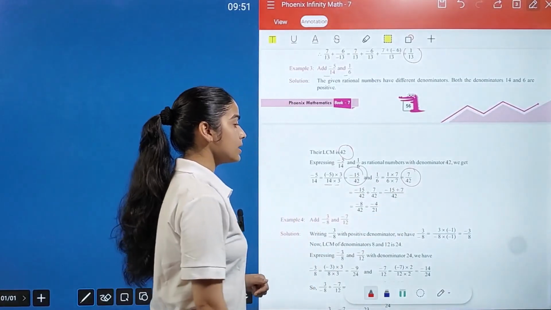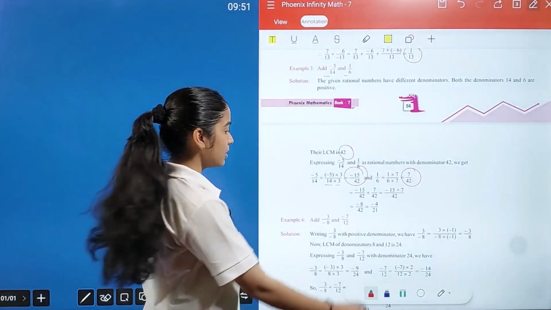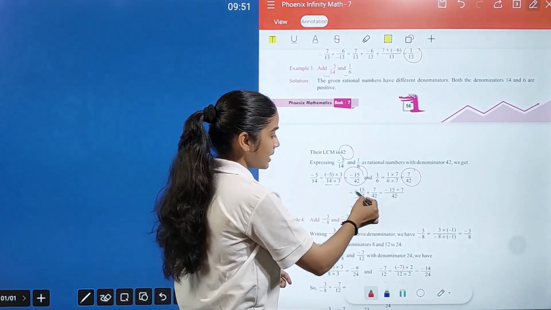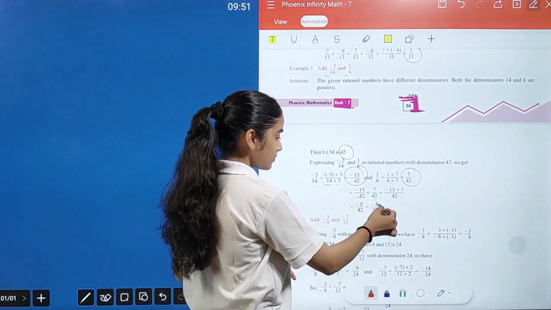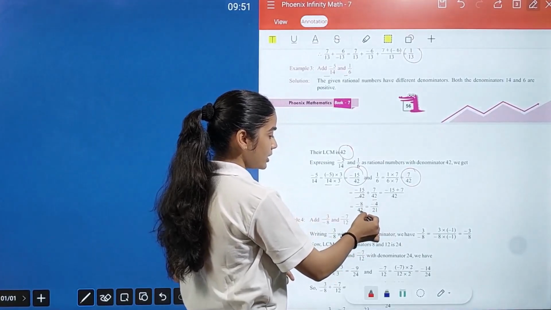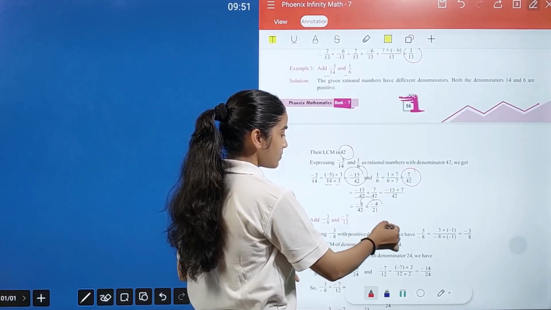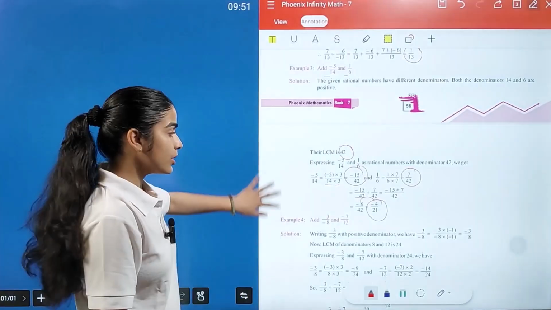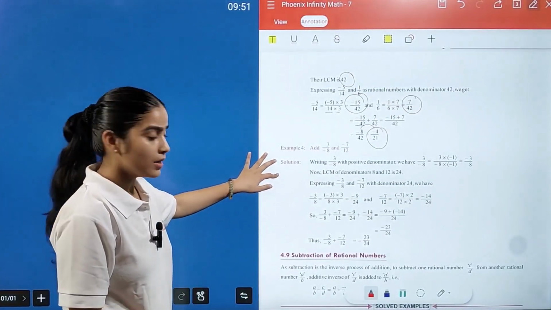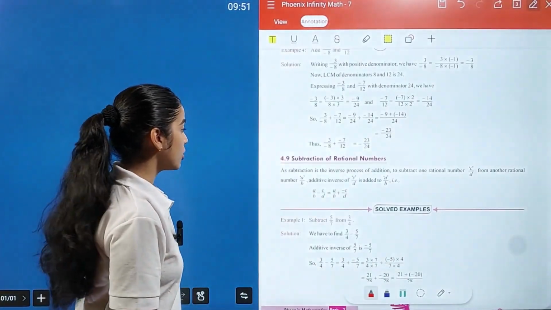Now you can simply examine what you have to do here. Now same denominator minus plus, so you have to subtract here. 15 minus 7 is 8 and 8 by 42, reducing form of it is minus 4 by 21. So the same process you have to do here as you do in your fractions when you have uncommon denominator.